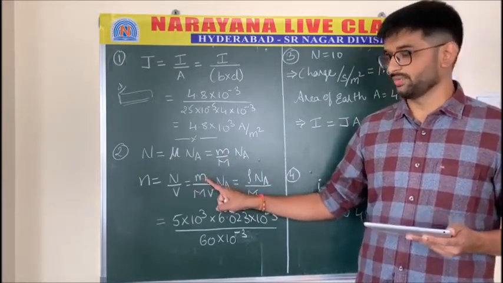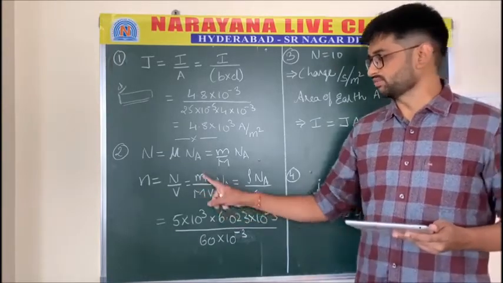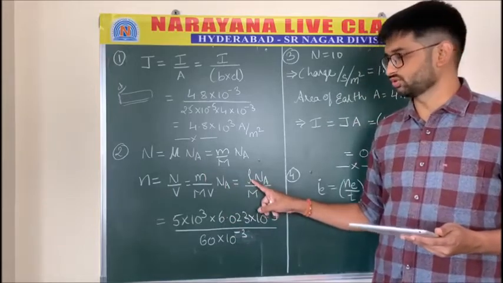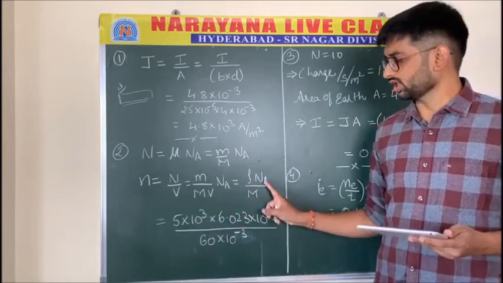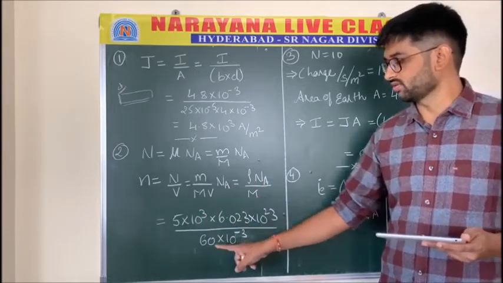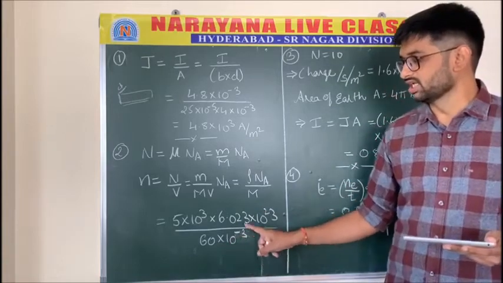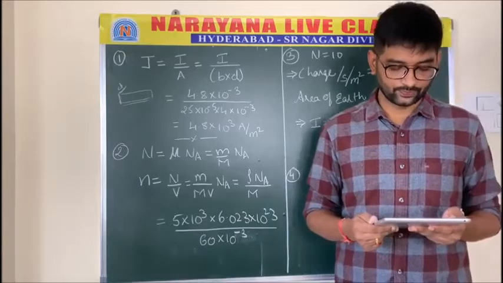So this is small m Na by M into V. Mass by volume is the density, that is rho. So rho into Na by capital M. So rho is given, Na Avogadro number is known, and molecular weight is given, 60 into 10 to the power of minus 3. So substituting and solving, we get the required answer.